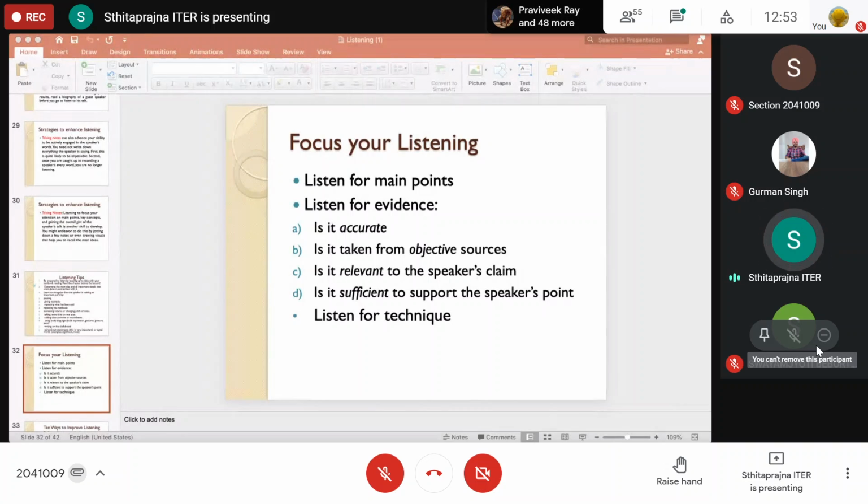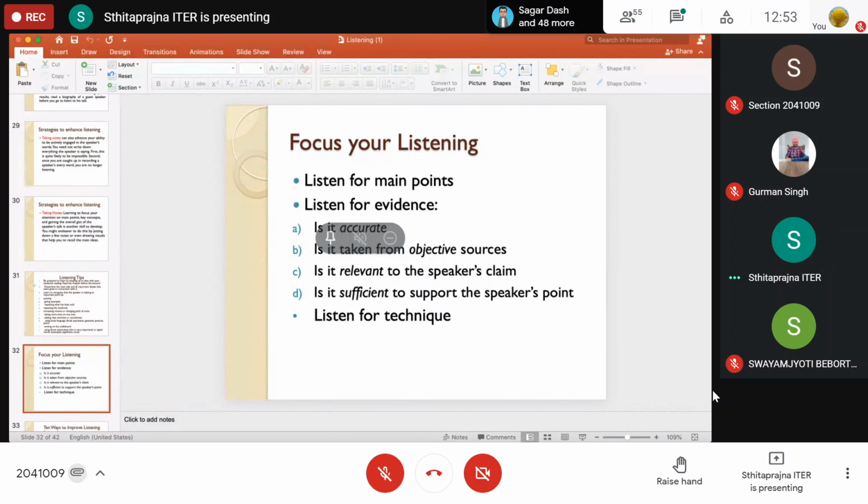Okay, so listen for accuracy of the evidence, for objective, whether the evidence is taken from objective sources. I think if you can recall when we were doing the chapter on evidence, whether it is accurate, whether it is objective, whether it is even relevant to the claim, connected to the claim, and whether the evidence is sufficient enough to support the speaker's point.